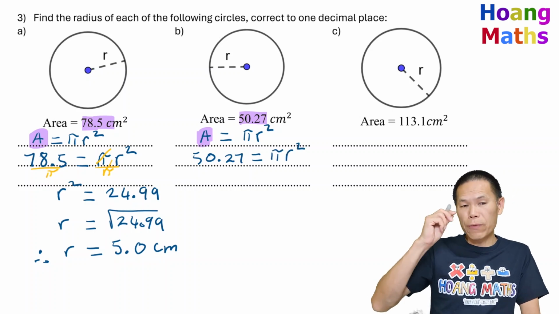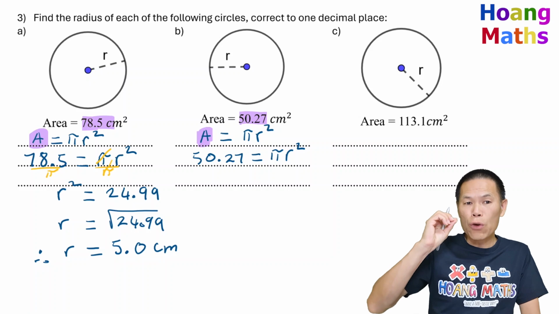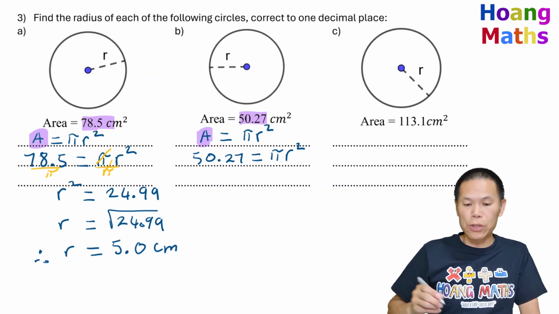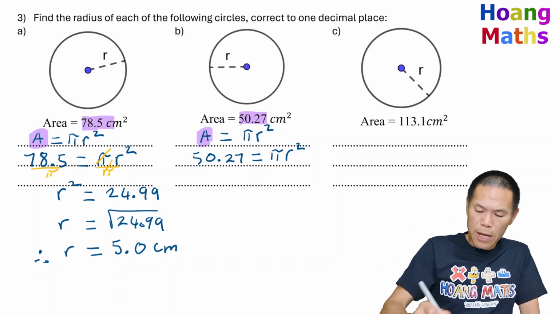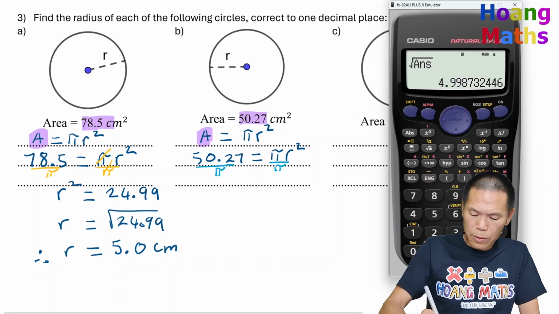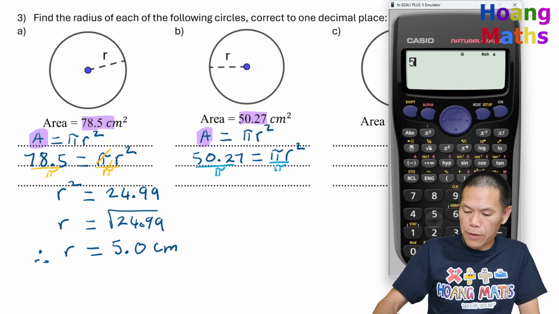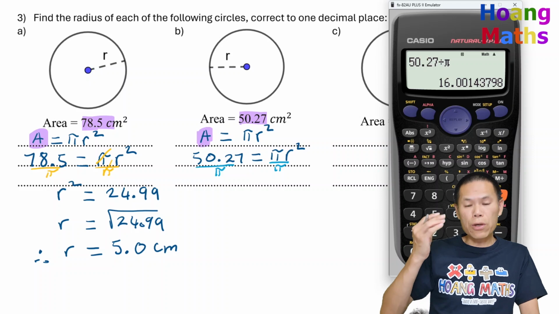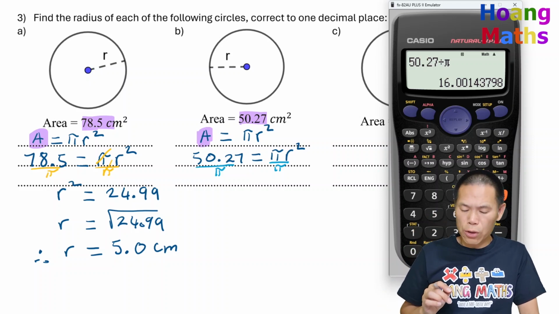So I just get rid of the pi by dividing by pi on both sides first. So I divide this by pi, divide this by pi. So I just go 50.27 divided by pi. So there you go, 16.00 and so on.